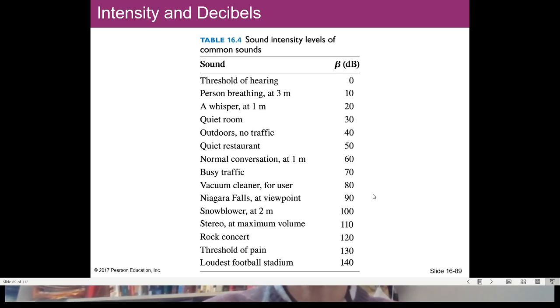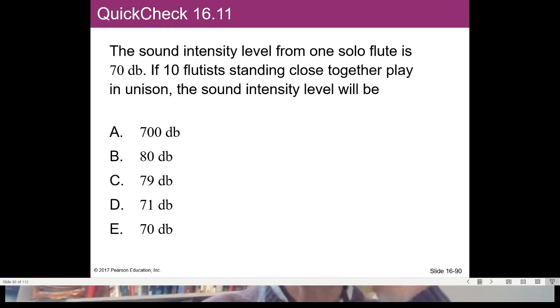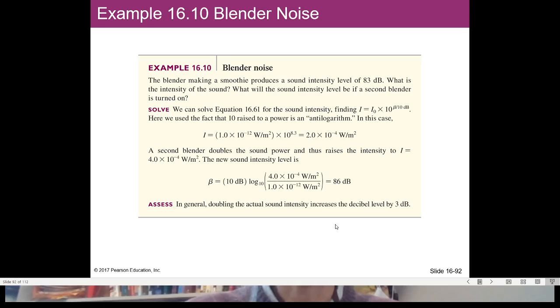This is threshold of pain, 130 decibels. Loud as football. Oh my goodness. Okay, so here we have one solo flute, which is 70 decibels. And suppose we have 10 flutists standing close together, so the sound level will go up to 80.